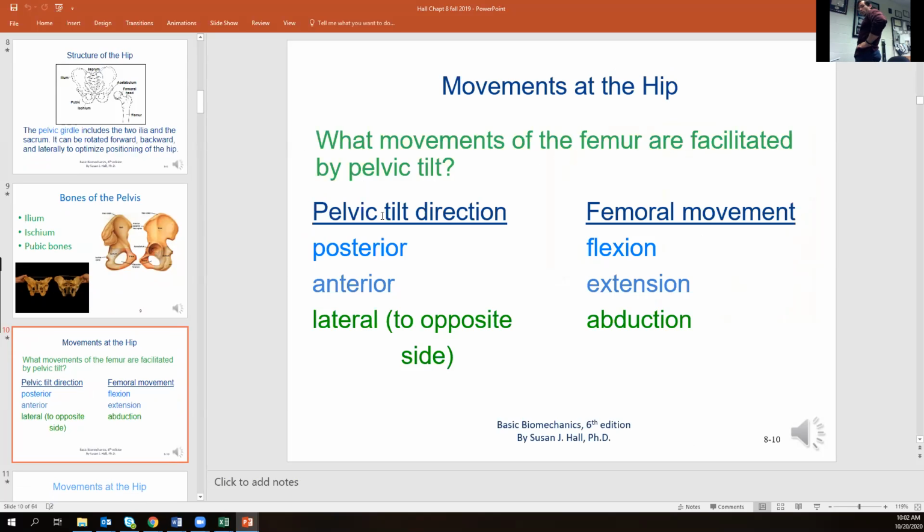Posterior pelvic tilt is going to be tilting our hips back. Now because I have tight hip flexors, I'm pulled a little bit into an anterior pelvic tilt, so I have to actively work on keeping myself from being bent forward while I'm lifting. Now, lateral is whenever we're kicking our hips to the side, and we're going to call that abduction, and that is how we're moving the femur.